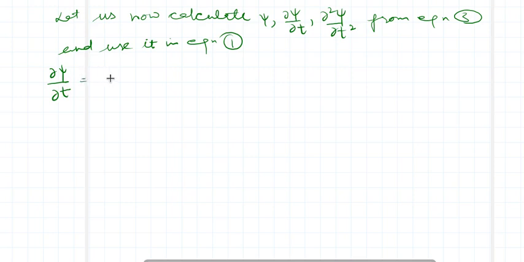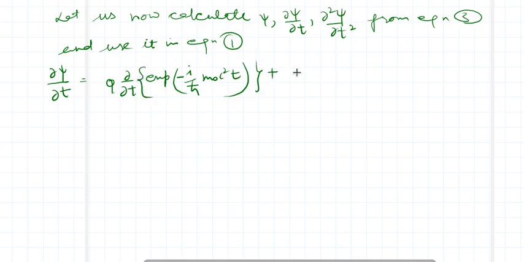It is ∂phi/∂t into exponential of minus iota over h cross m naught c square t, this is the first function and this is the second function, plus exponential of minus iota over h cross m naught c square t and ∂phi/∂t.